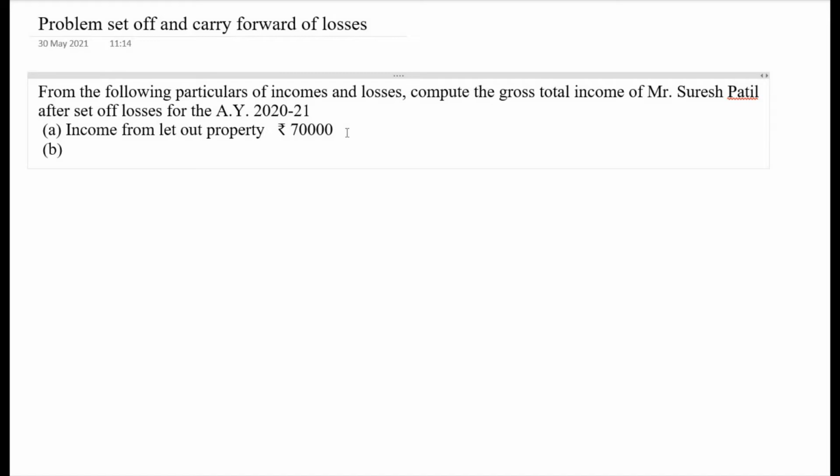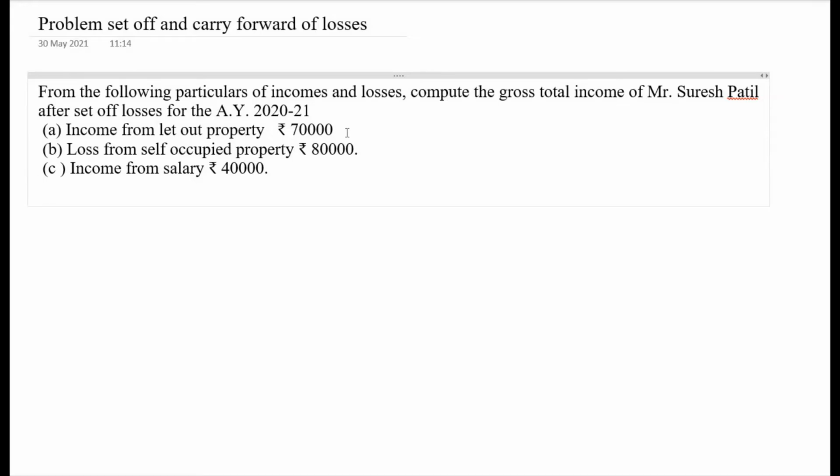B, loss from self-occupied property rupees 80,000. Income from salary rupees 40,000.